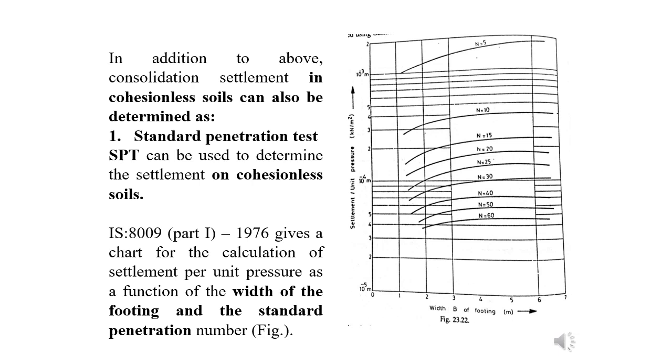So by using this chart, you can calculate the settlement. You can see on the y-axis, settlement per unit pressure in kilonewton per meter square is given. Width of the footing is given on the x-axis. So if you know the width of the footing and the number of blows, or SPT values, you can calculate the settlement.